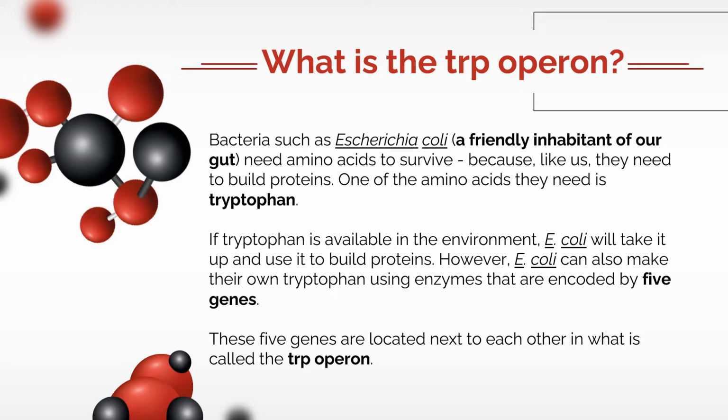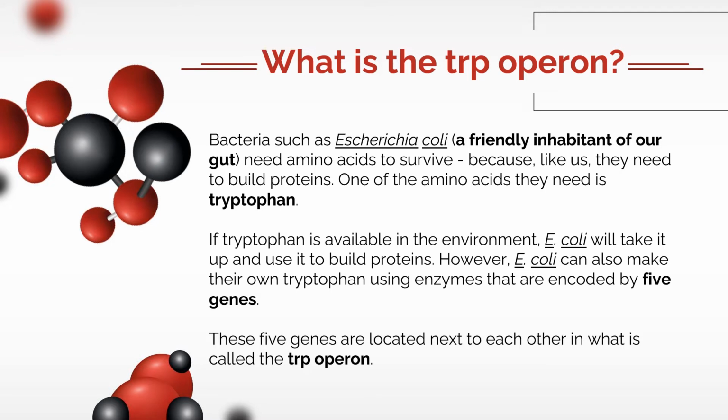Since in the trp operon tryptophan is being synthesized, the trp operon is an anabolic pathway. All five structural genes ultimately code for proteins, which in turn produce the amino acid tryptophan. All five structural genes are under one promoter called the trp promoter.